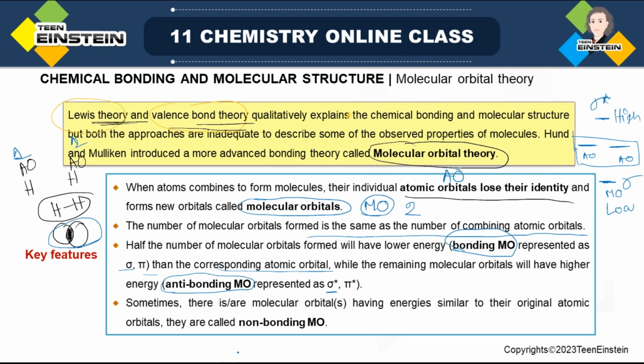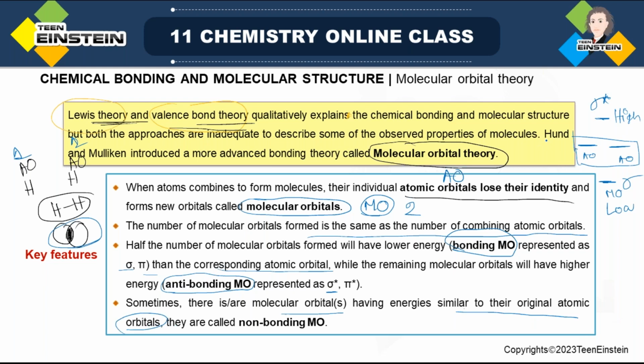Sometimes, not always. Until now, whatever I have said, sigma, sigma star, pi, pi star, that is fine. That is, half of the MO will be bonding, half of the MO will be anti-bonding. But sometimes there are some molecular orbital or orbitals, it may be one or more than one, that have energies similar to their original atomic orbitals.